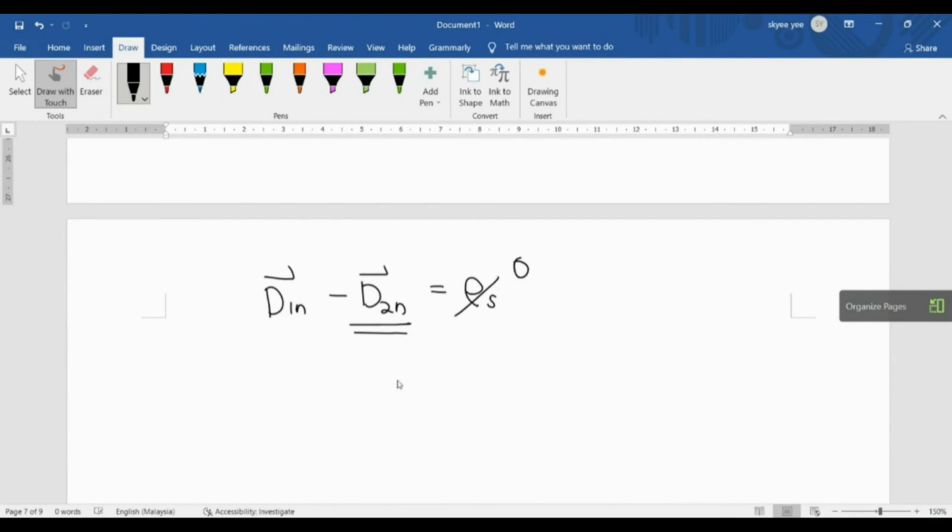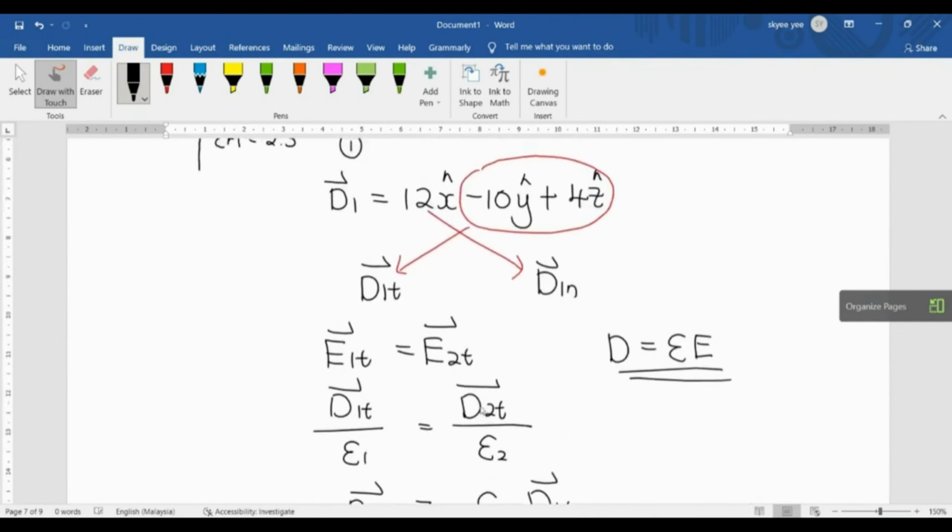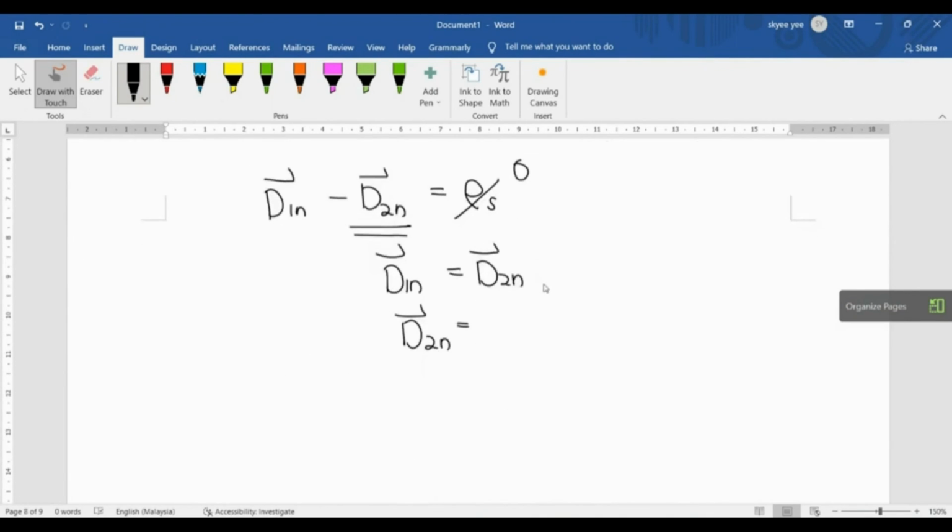This is 0, so D1N is equal to D2N. This one will be very direct. Let's just take the value over here, 12x, and this is nanocoulomb per meter square.